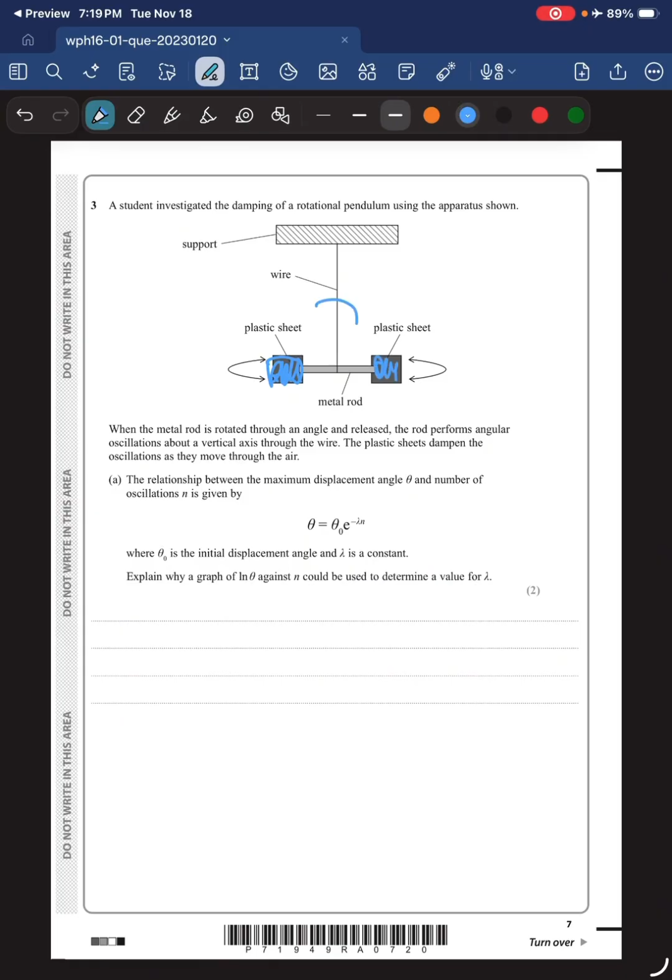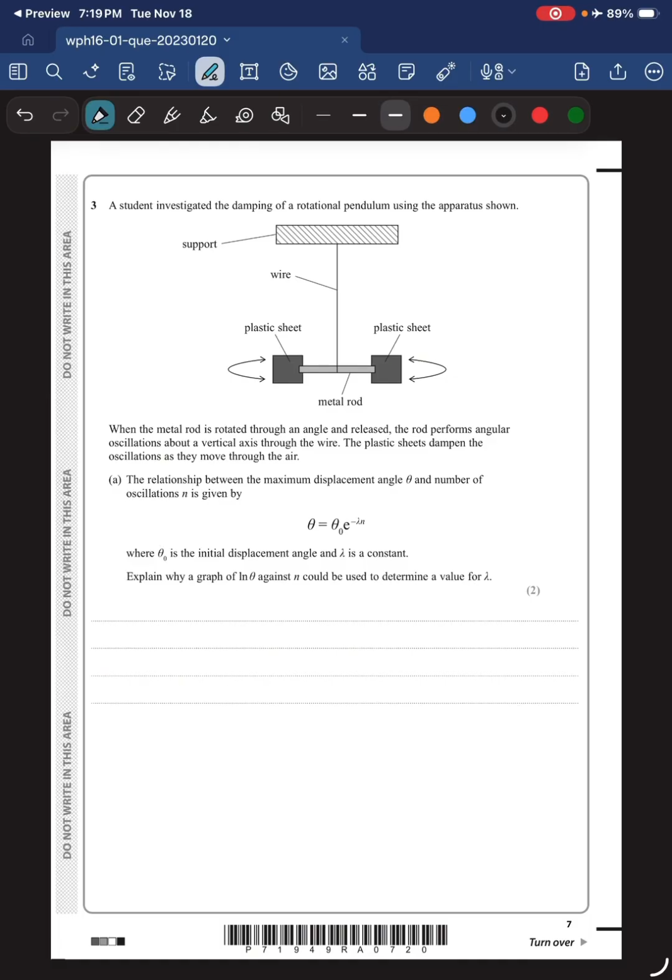So you have to imagine these rotating this way, so back and forth. So the wire makes this thing undergo a rotational oscillation, okay? But it's damped in that there is an air resistance from these plastic sheets that eventually will make the oscillation die, okay?